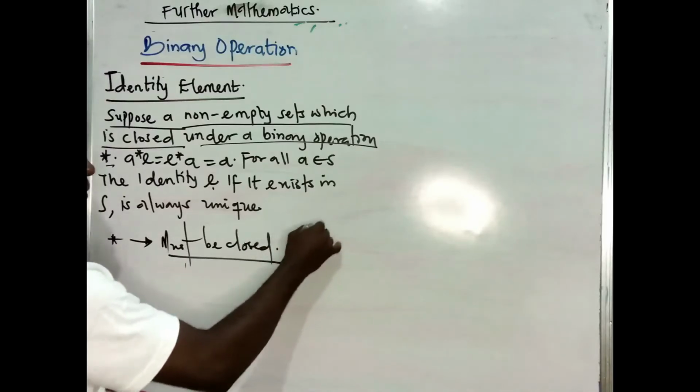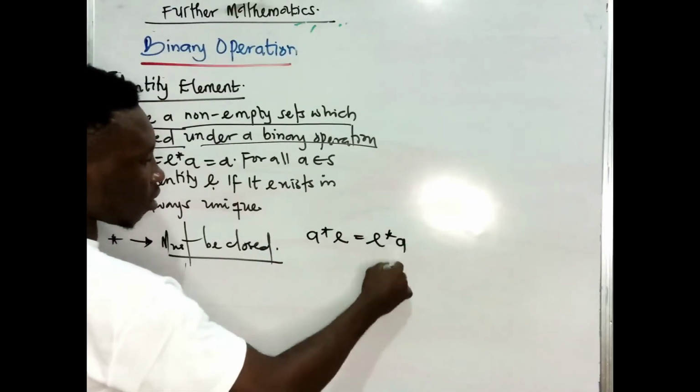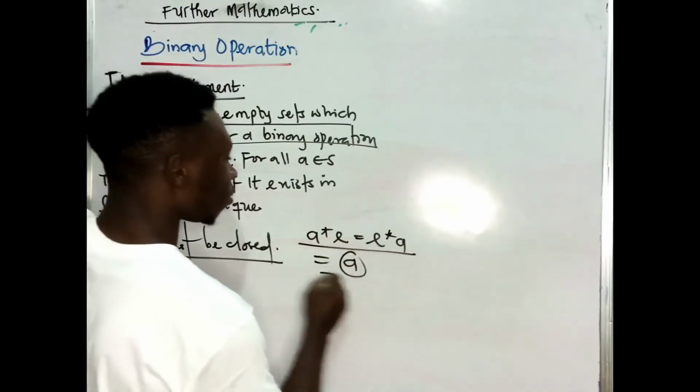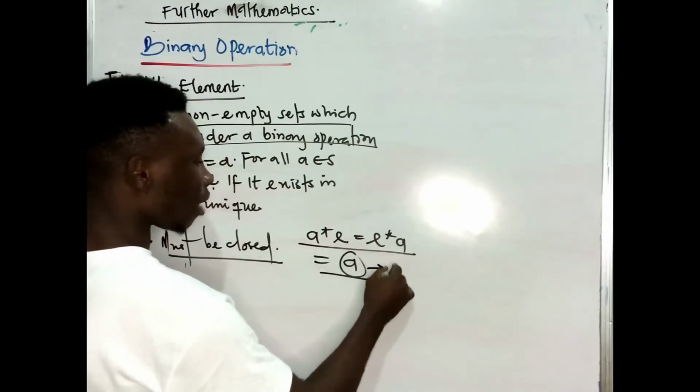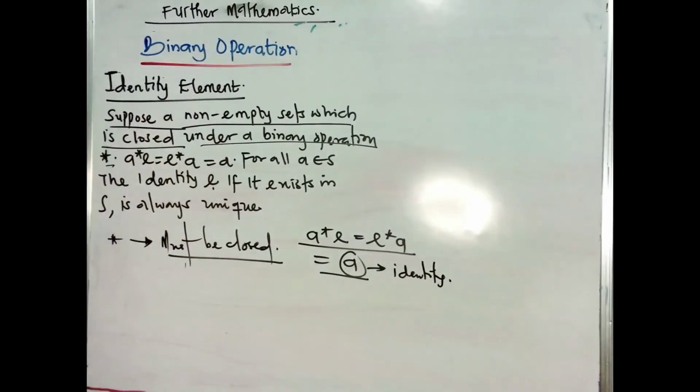Now look at this. You have A asterisk E is equal to E asterisk A, and this is equal to A. Whatever satisfies this condition is known as your identity element.